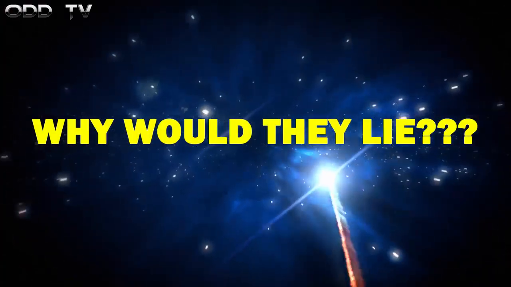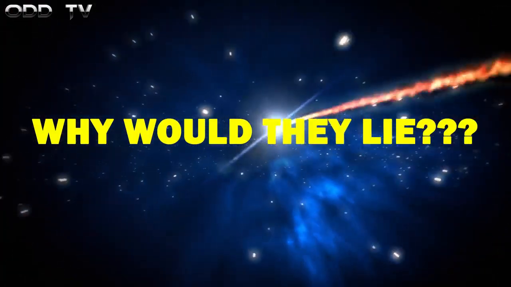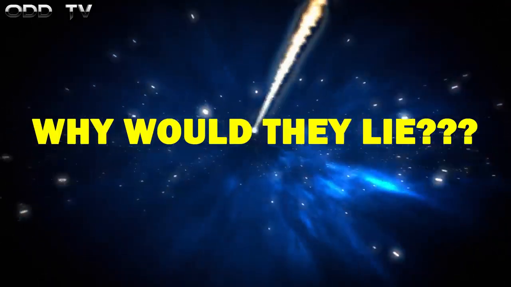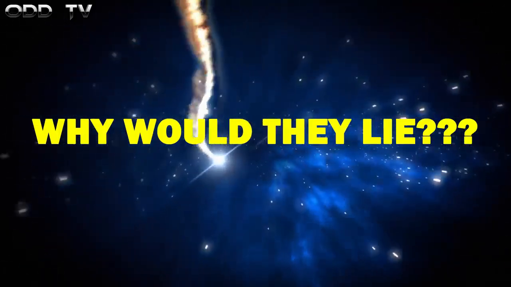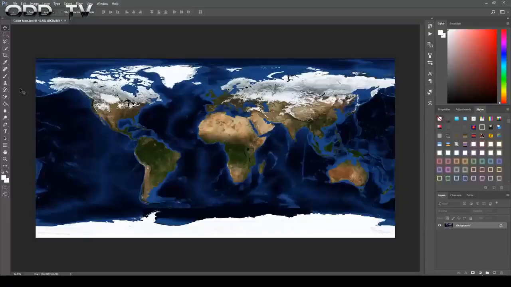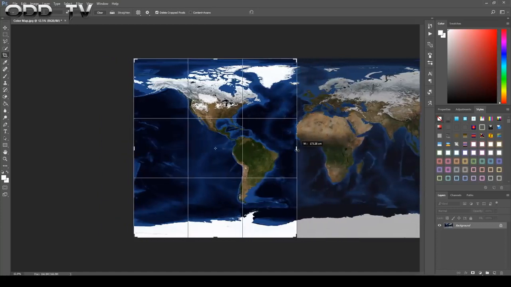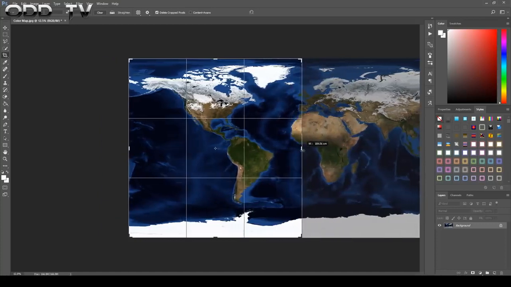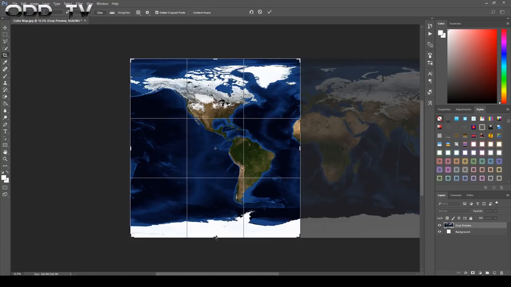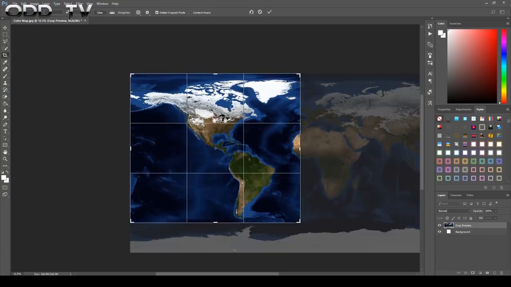Another reason for lying about the shape of the earth and making it into a ball is because when you turn it into a ball, you can cut off any land you want and keep it hidden. For example, we will take this map, we will cut out a piece, and we will take this flat piece and wrap it around a ball.